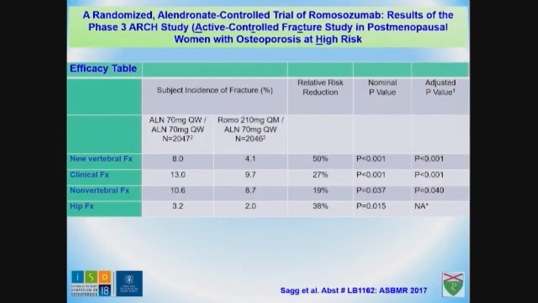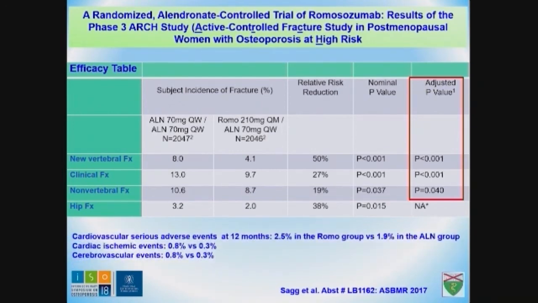And then they did an active comparator study, comparing alendronate to Denosumab. And it outperformed alendronate. Clearly better at reducing new vertebral fracture, clinical vertebral fracture, and non-vertebral fracture with a significant reduction in hip fracture.